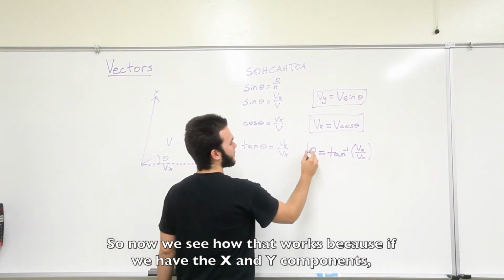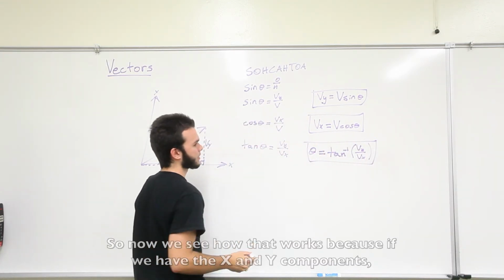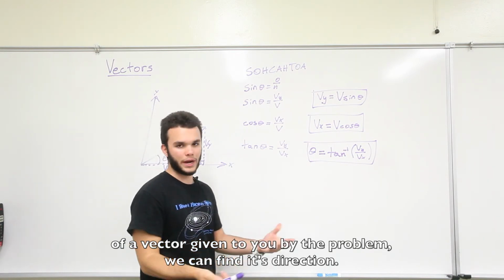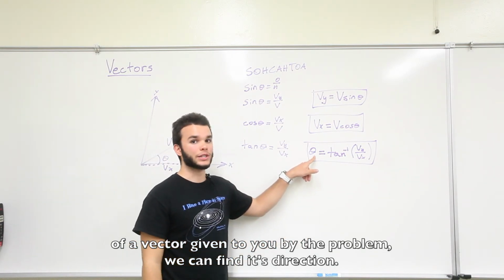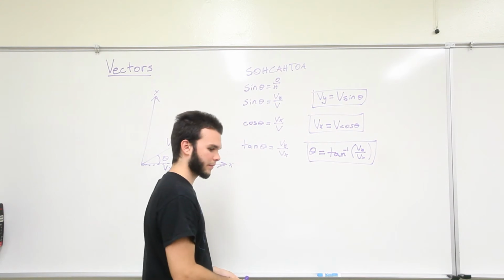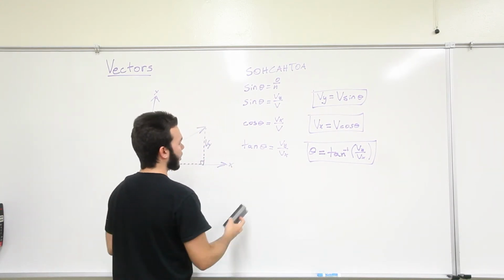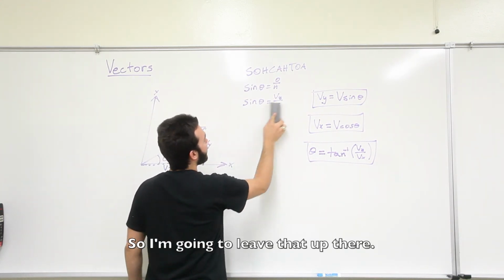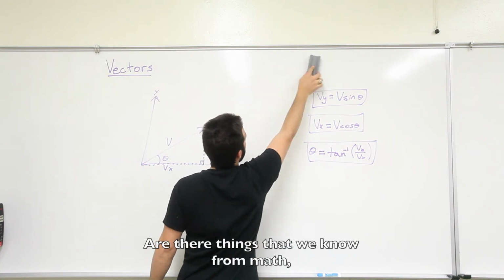So now we see how that works, because if we have the x and y components of a vector given to us by the problem, we can find its direction. So I'm going to leave that up there.